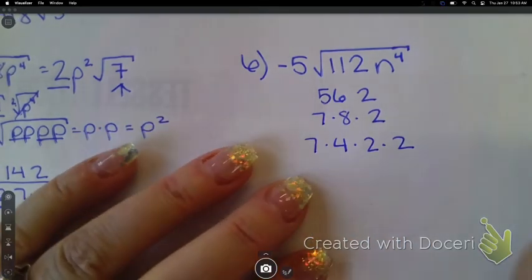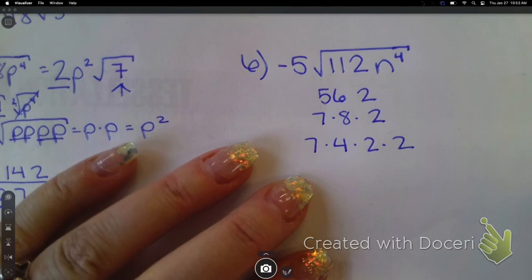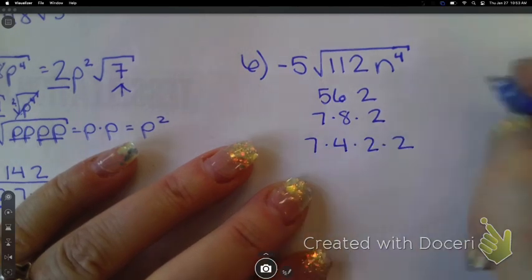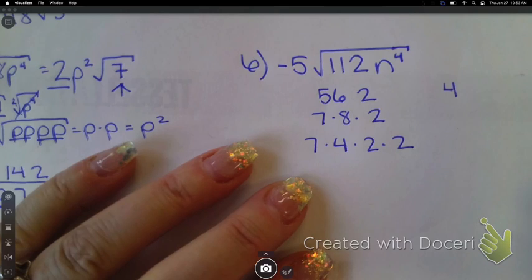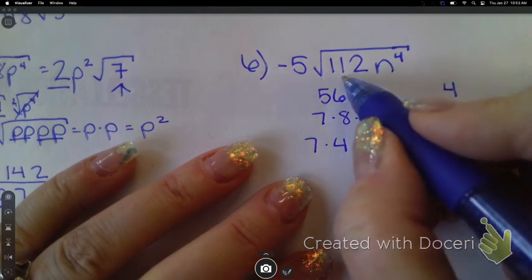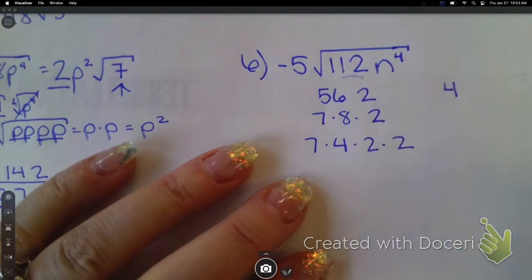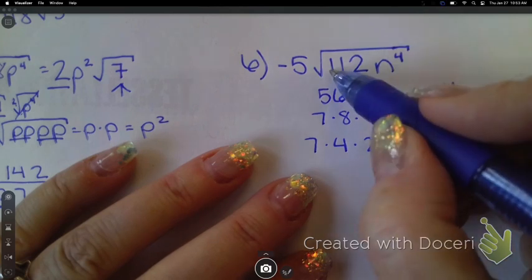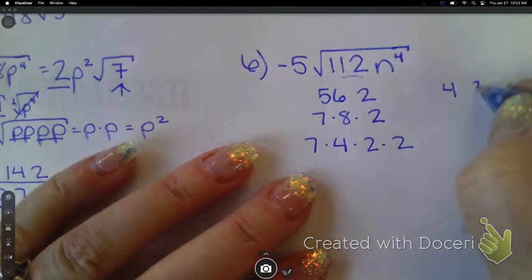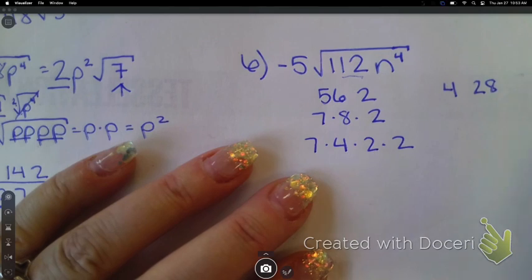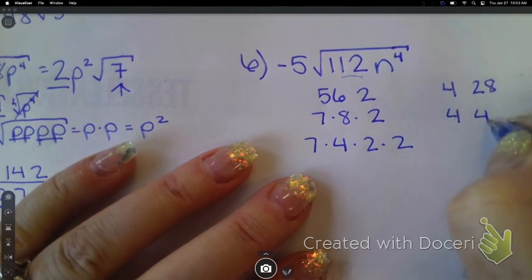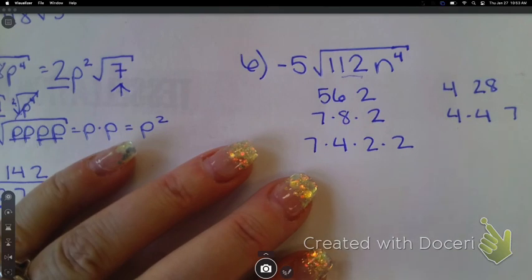Okay, now I would stop here because 2 is a perfect square, right? Now I would have done 4 at the beginning because 4 goes into 112, correct? So I would have done 4 at the beginning and gotten 28, and then I would have done 4 and 7 and stopped. Looking for your perfect squares is going to help.